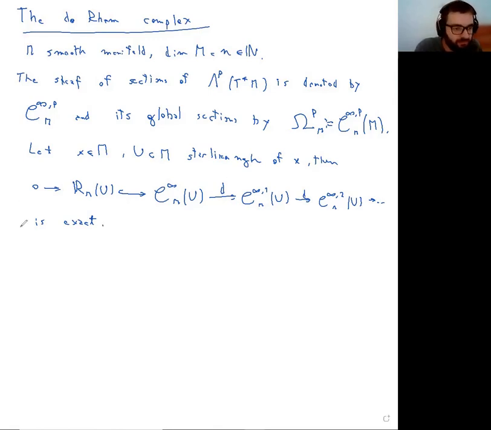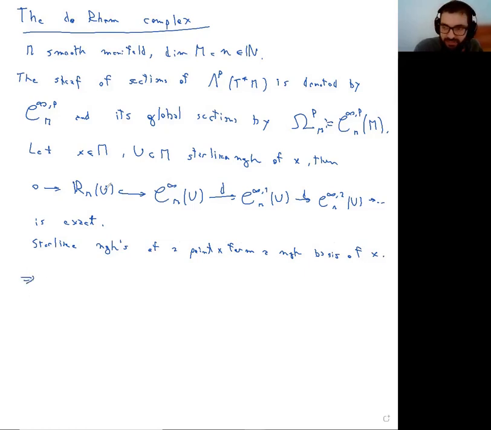And the interesting thing is that star-like domains, so star-like neighborhoods of a point x, form a neighborhood basis of x.